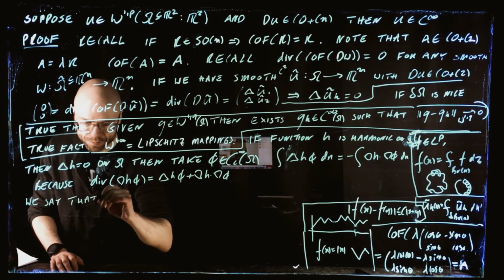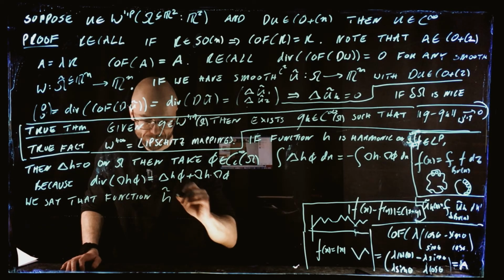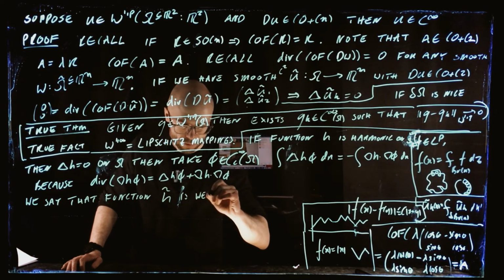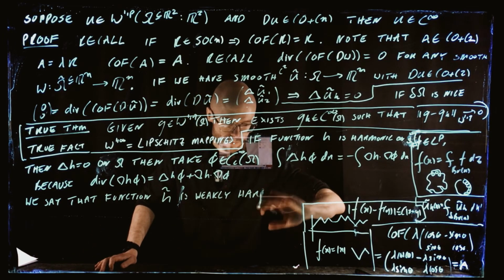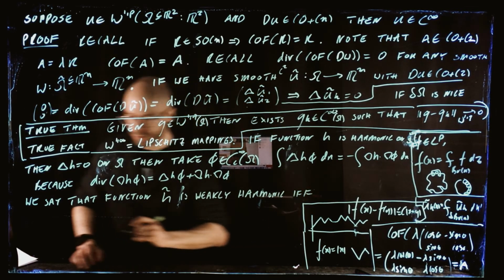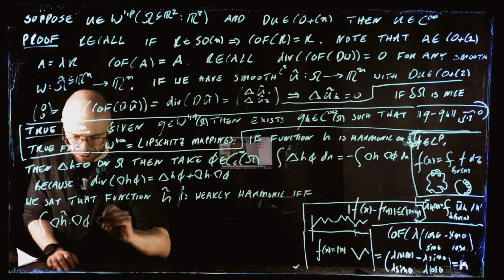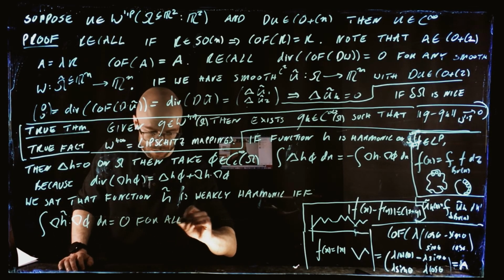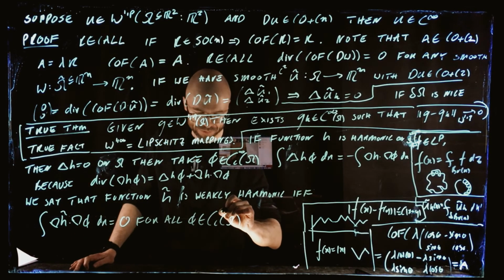And we'll say that a function, let's call it h tilde, is weakly harmonic if and only if this is true: whenever we take h tilde dot product this test function, dx, then it is equal to 0 for all phi belonging to the compactly supported functions.